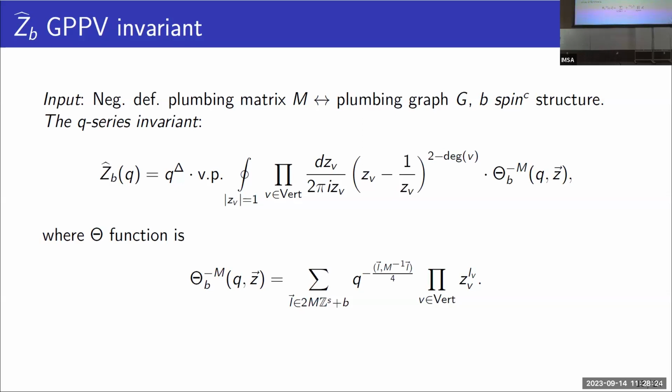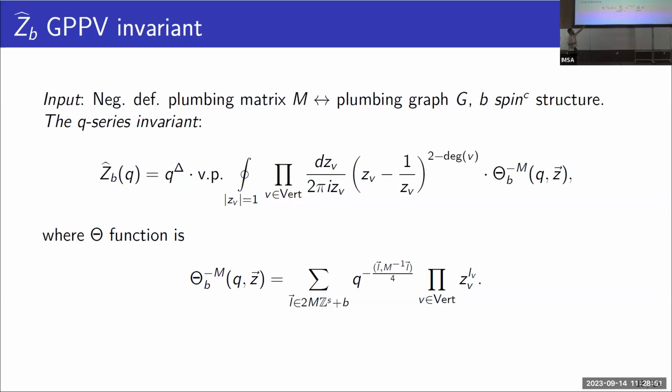So there is a sum, with dependence on B, and then there is dependence on the variable q. There is some prefactor q to the delta. Then there is some scary integral, but what this really means is just that we take a constant term in each of the dummy variables z_v. We have a variable for each vertex of the graph.